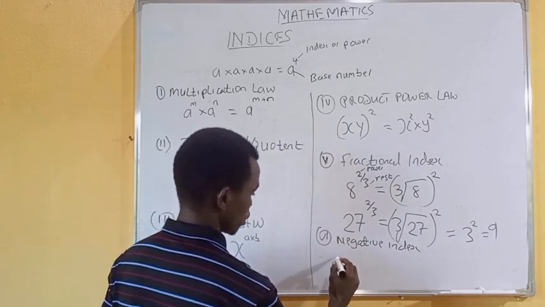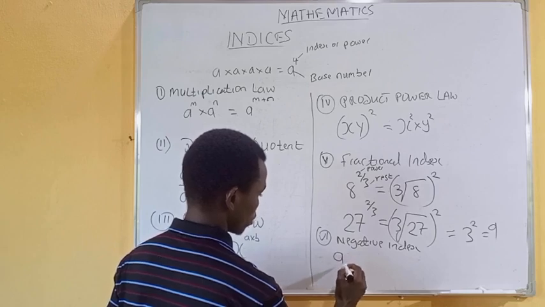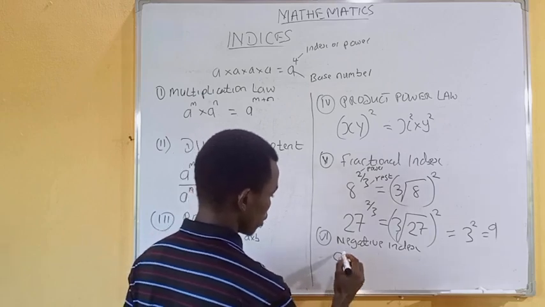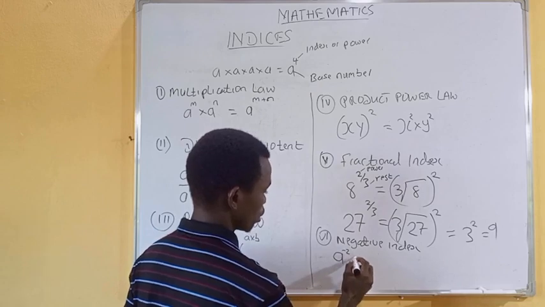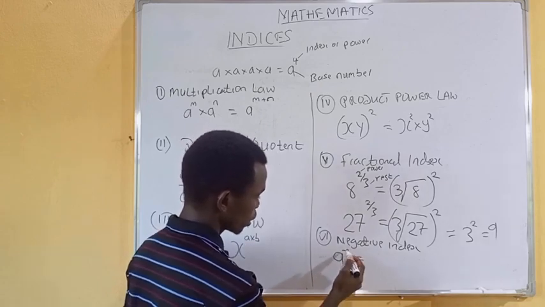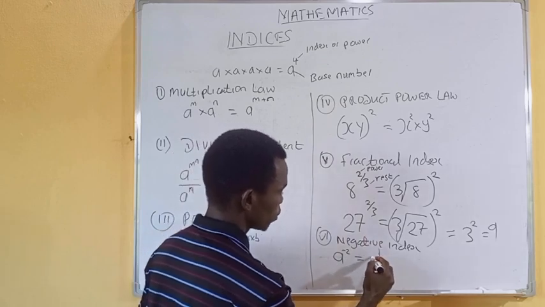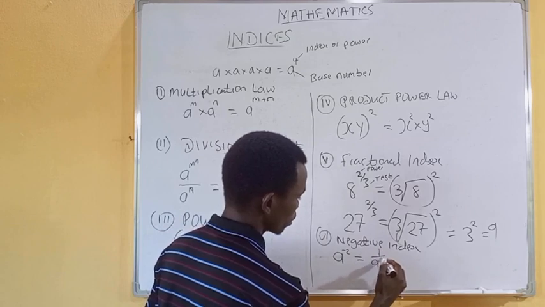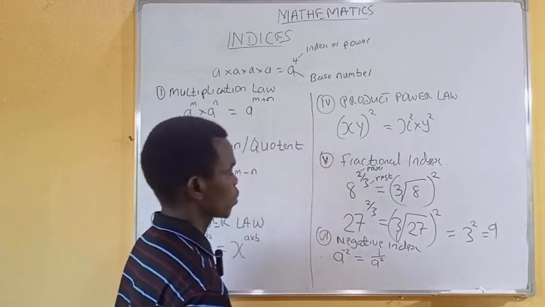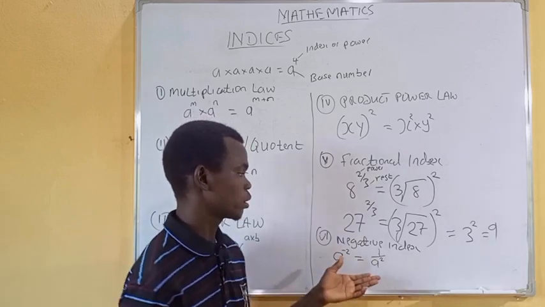Let's say a number a, or a base number a raised to power minus 2. To remove this negative sign, we use the index to divide 1, which will now be 1 all over a squared. This is for negative index.